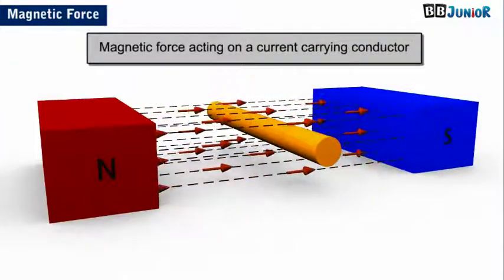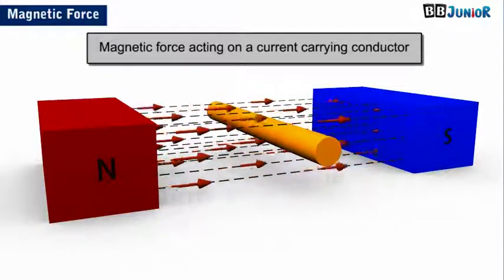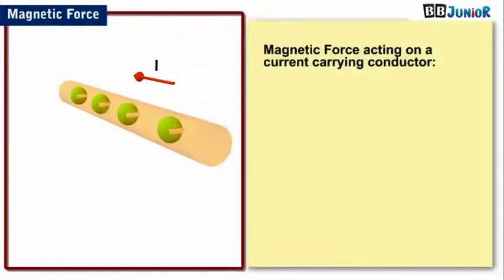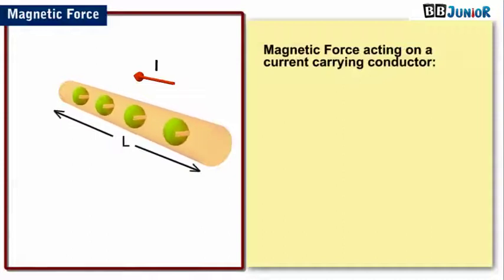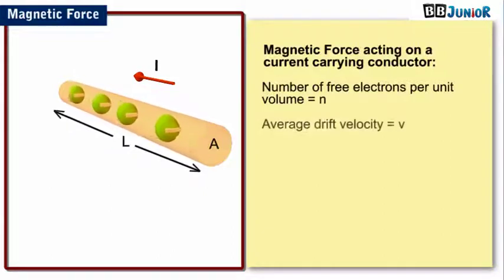Now, let us discuss magnetic force acting on a current-carrying conductor. Consider a conductor of length L with uniform cross-section A and the number of free electrons per unit volume as N. These electrons are moving with an average drift velocity v.